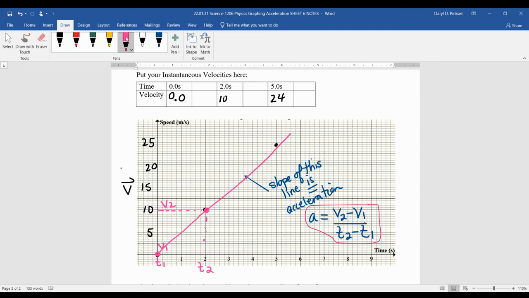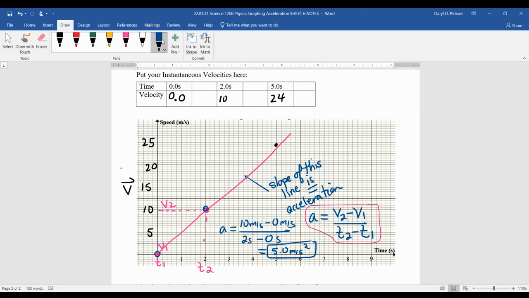So if you do the slope formula on this line of best fit, your acceleration would be 10 meters per second minus 0 meters per second, because we've chosen this point down here, all over 2 seconds minus 0 seconds, and this would be 5 meters per second squared.